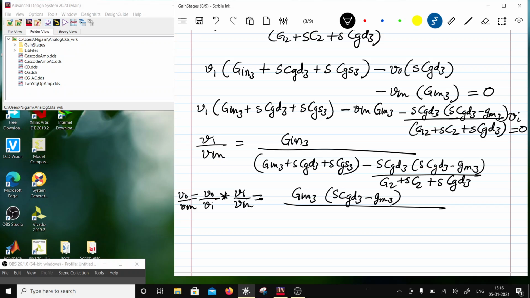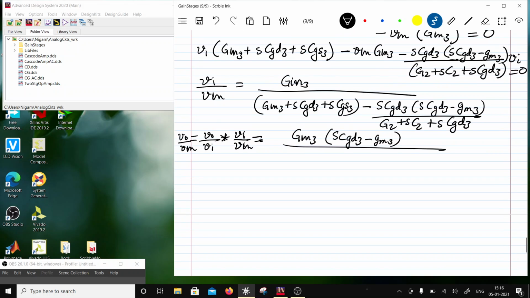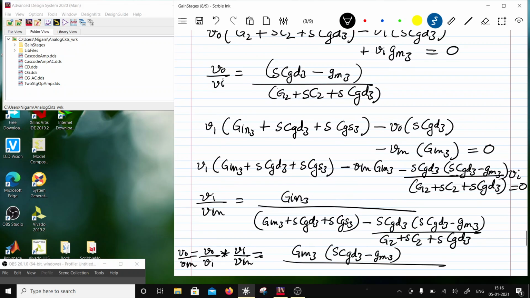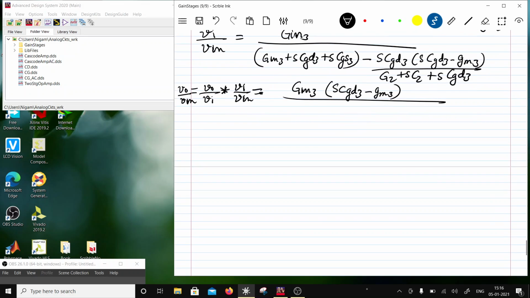just one second. Okay, so I have to multiply with G2 plus SC2 plus SCGD3.